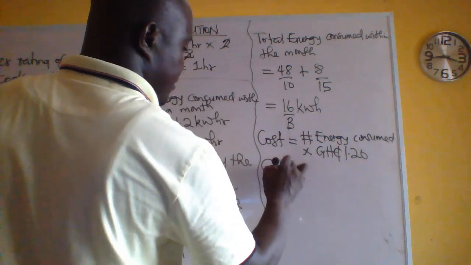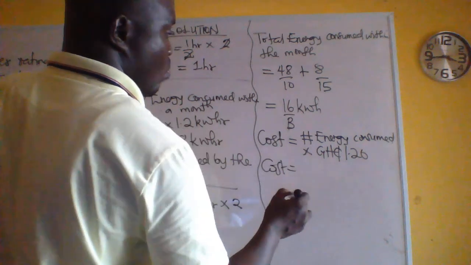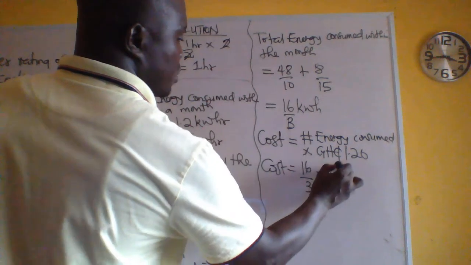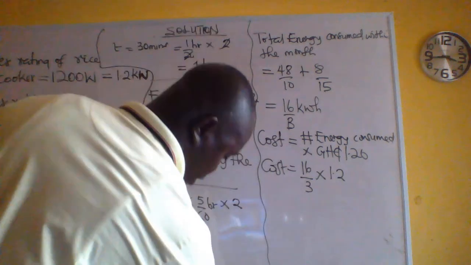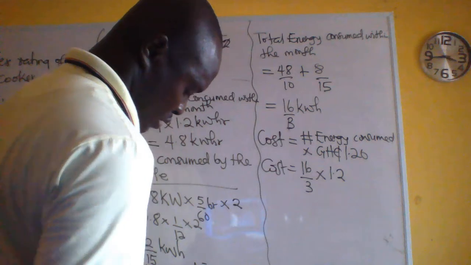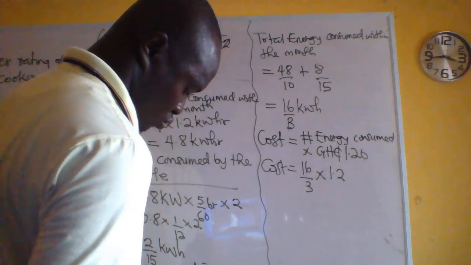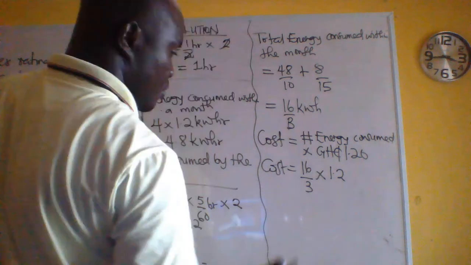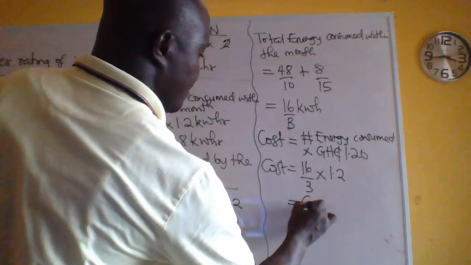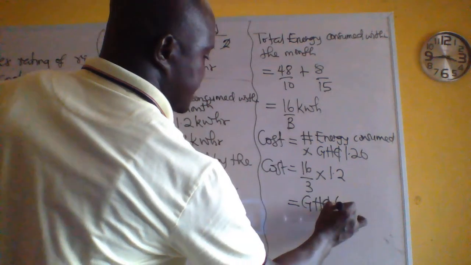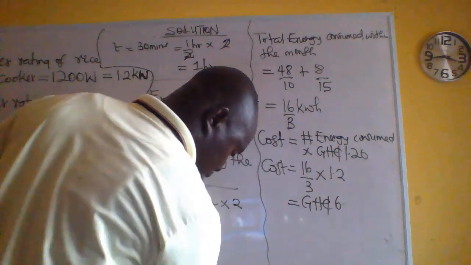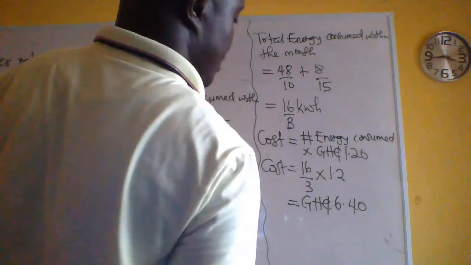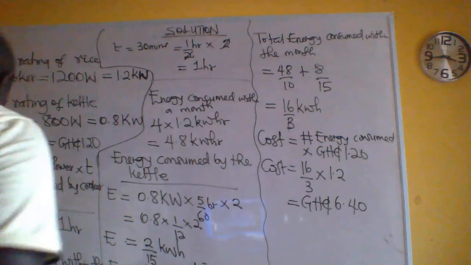So cost is equal to 16 on 3 by 1.2, meaning within the month she has to pay 6 cedis and 40 pesewas, so 6.4.